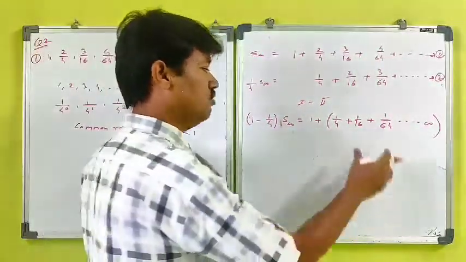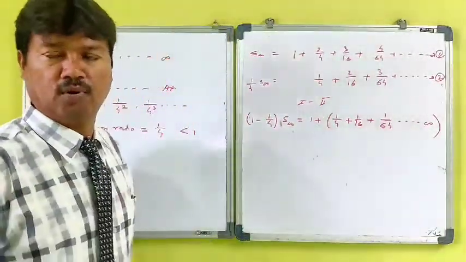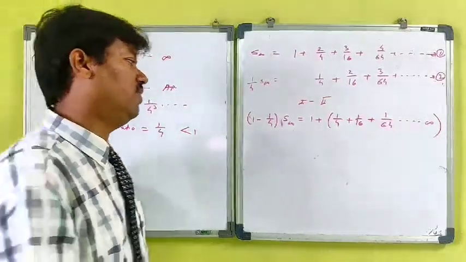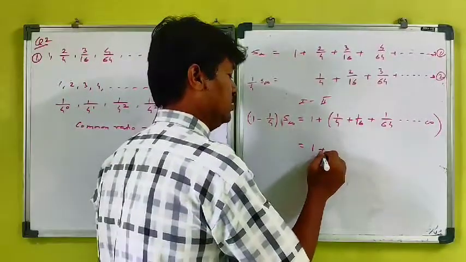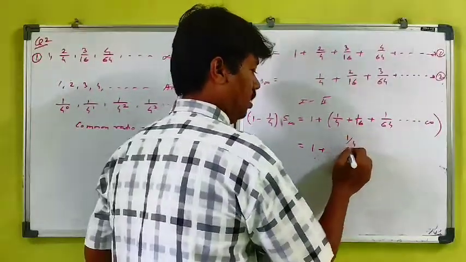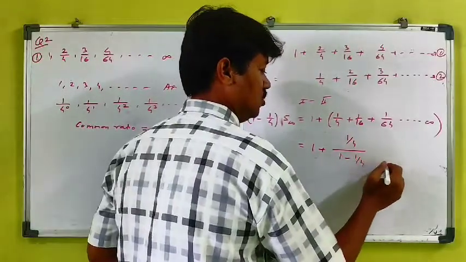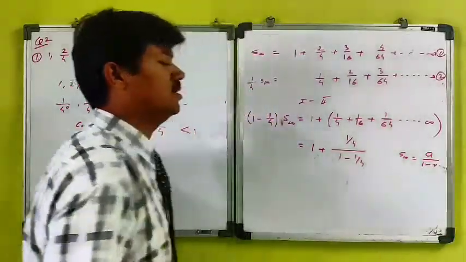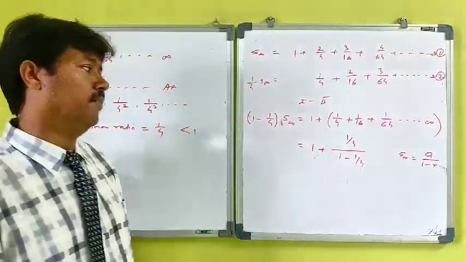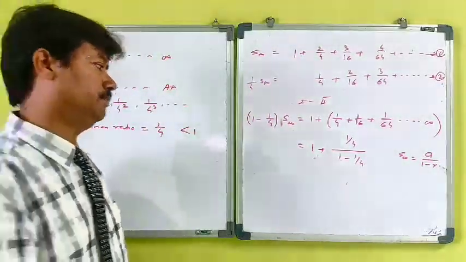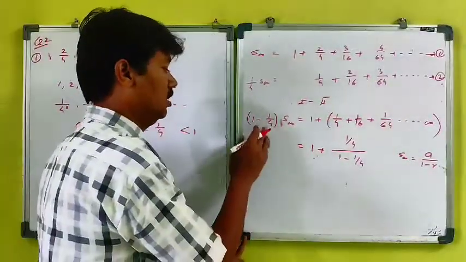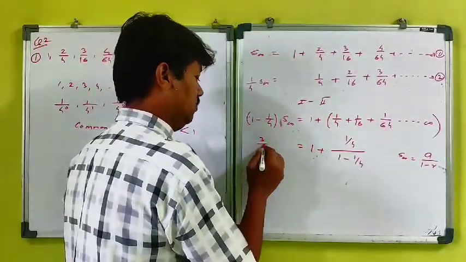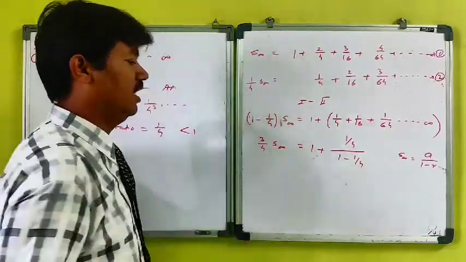So here we have to use the sum of infinity for a geometric progression. The formula for the sum of infinity is S infinity equals a upon 1 minus r. We use this formula here. So 1 by 4 divided by, 1 minus 1 by 4, that is 4 minus 1, so it is 3 upon 4 into S infinity.